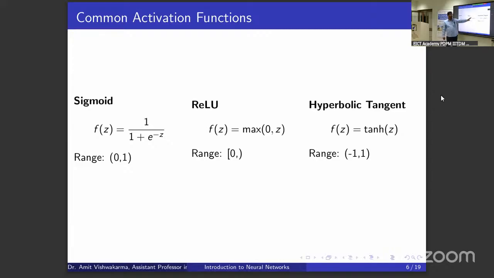Then we have the hyperbolic tangent function, that is f(z) equals tanh(z). The range of this function is minus 1 to 1, meaning the value of f will be between minus 1 and 1.